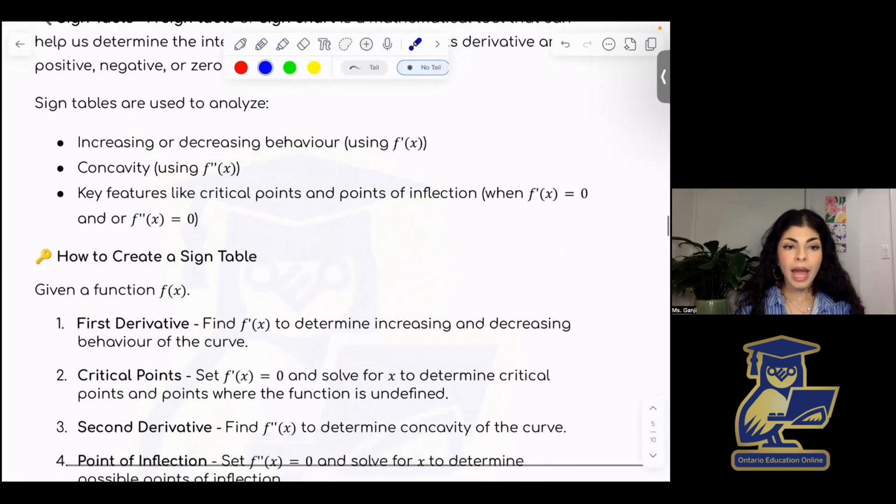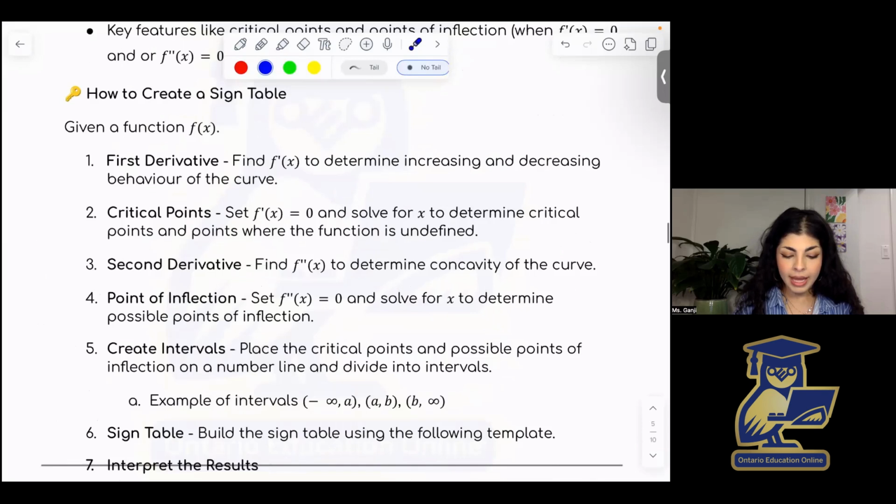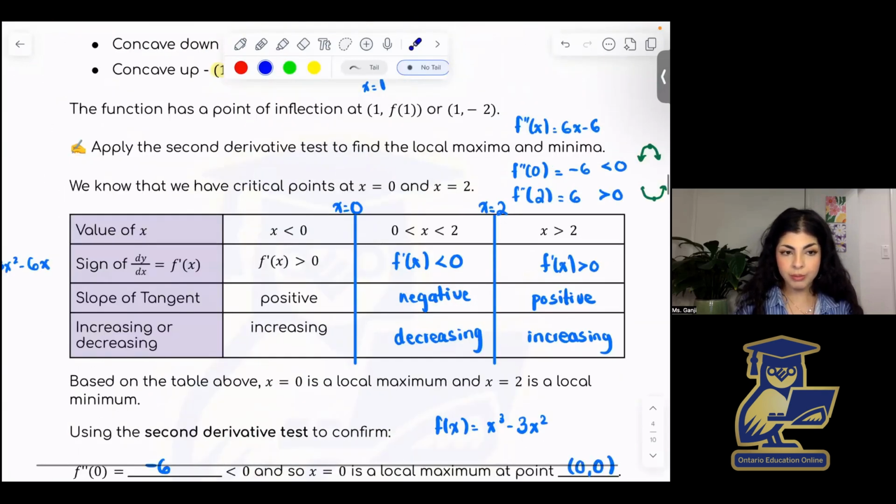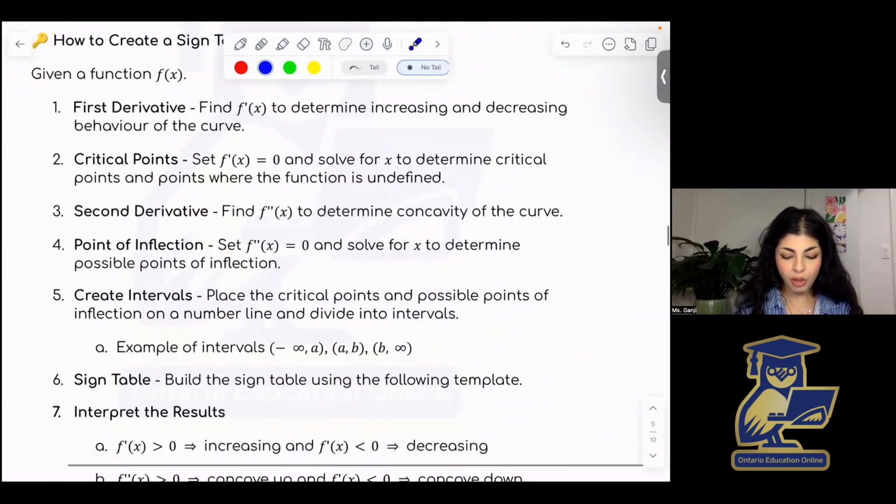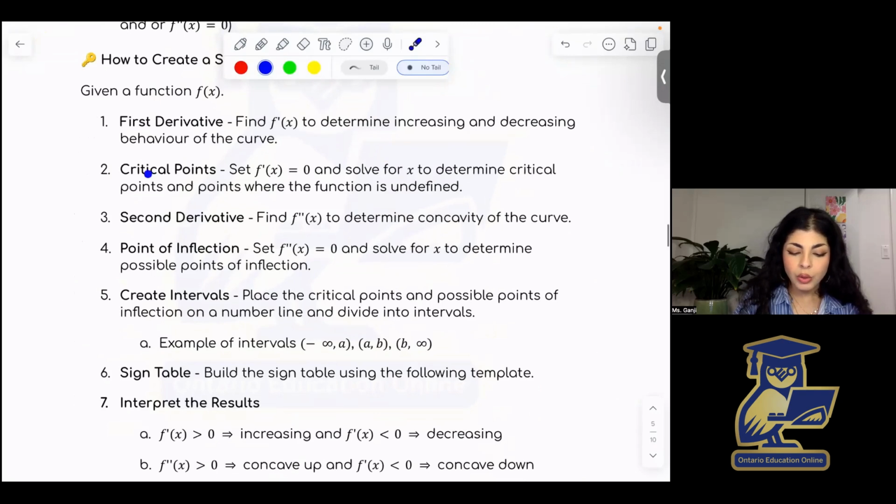So how we create a sine table, and it's pretty much what we've done here, but this is the full explanation of it. You definitely want your first derivative to determine increasing and decreasing behavior. Based on that, you can determine your critical points, and your critical points will be divisors for your table.